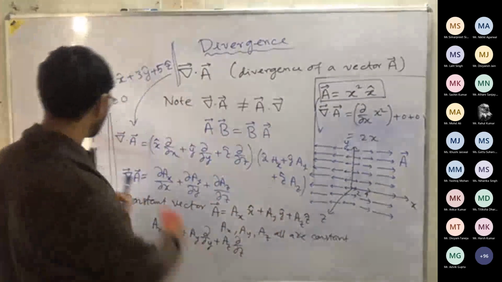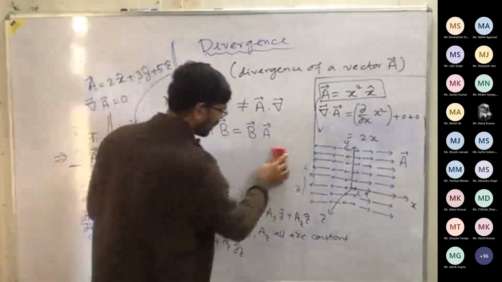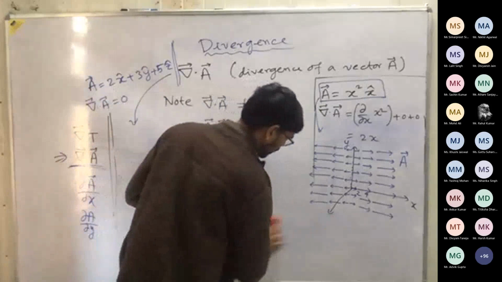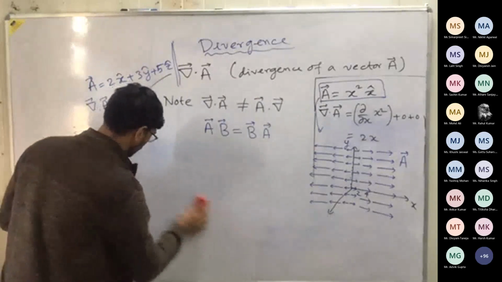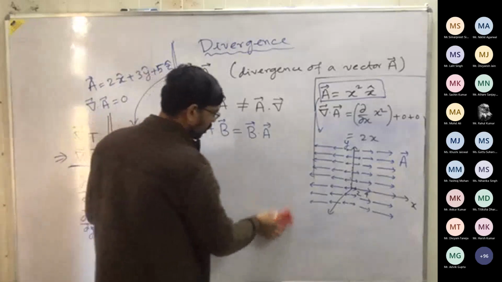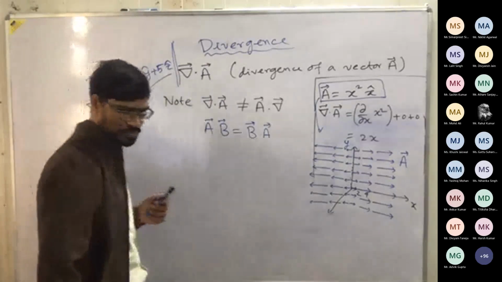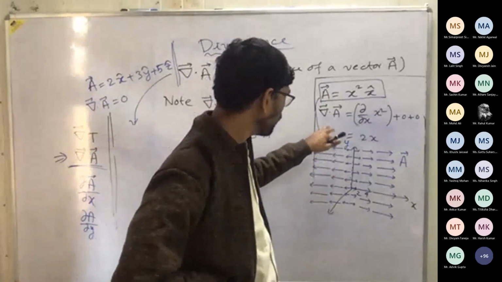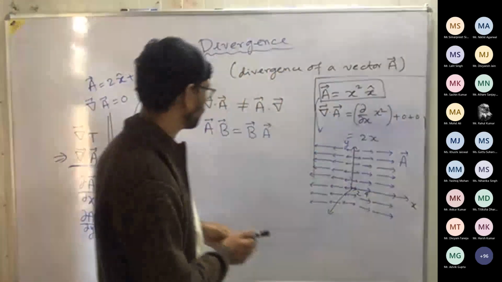We'll see some more physical significance of divergence, but to check whether a point has a divergence or convergence, you can easily check by computing the divergence of the vector.